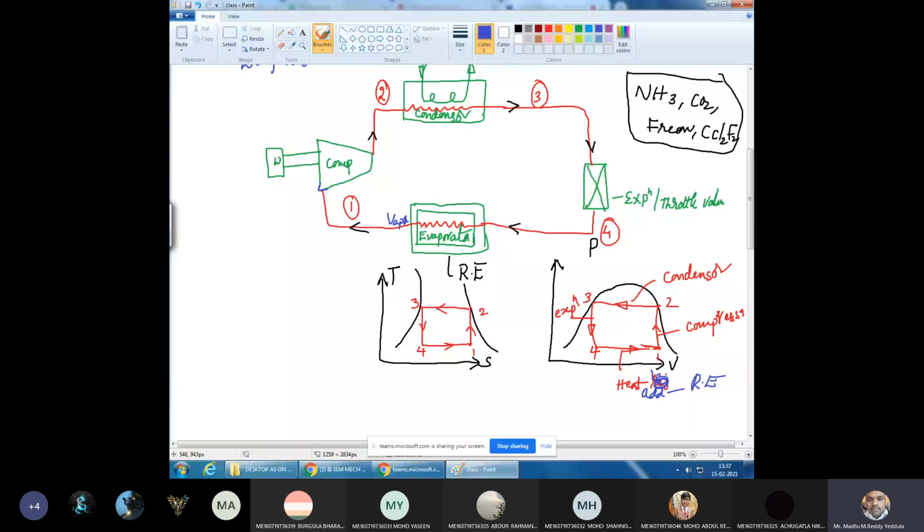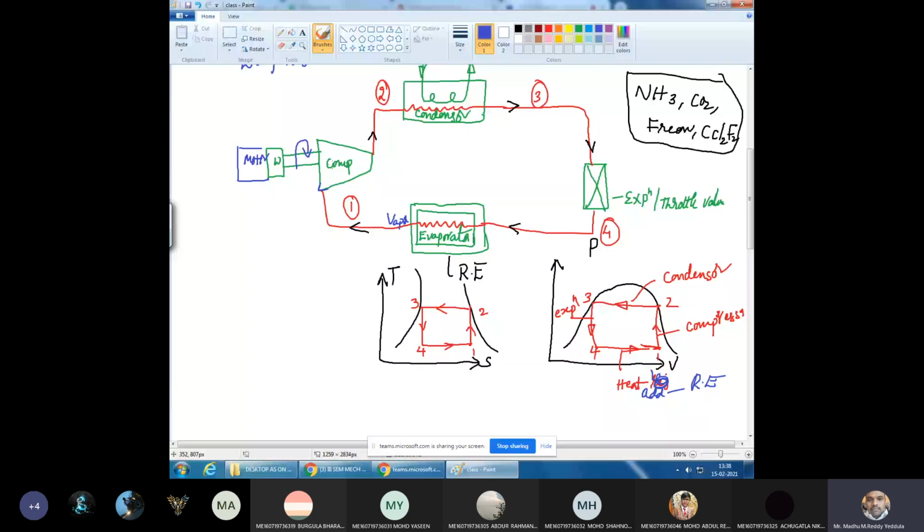During compression the process is isentropic, where W is the work required for the compression process, supplied by an external motor. The compressor is a work-consuming device, so to drive it we require an electrical motor.